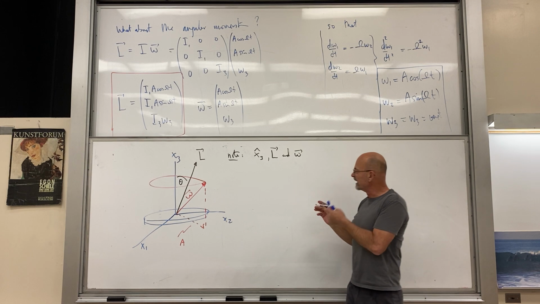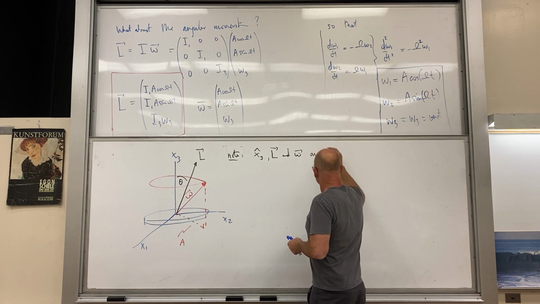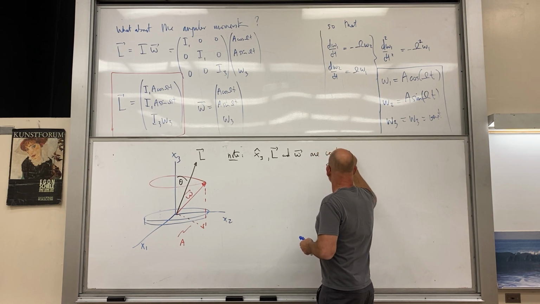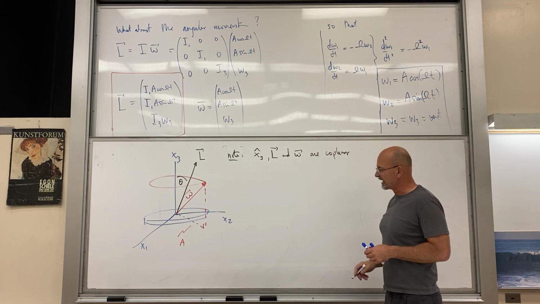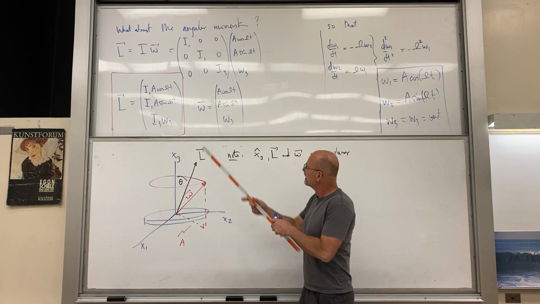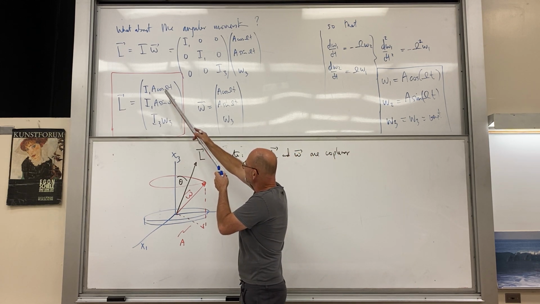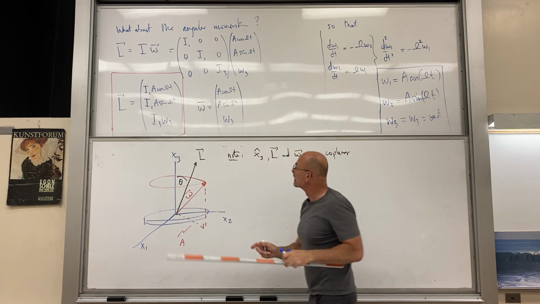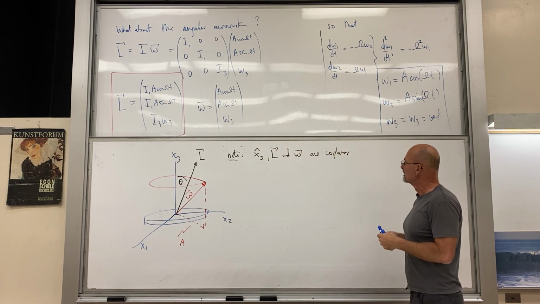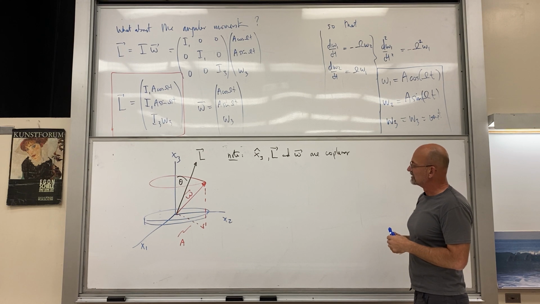Okay, they're in a plane. And again, it's because of the projection onto the XY plane of L being parallel to those two vectors. Okay, so what does that mean?